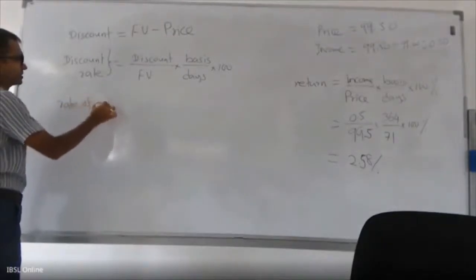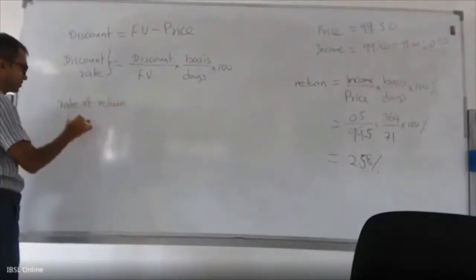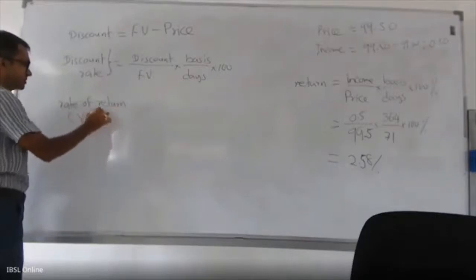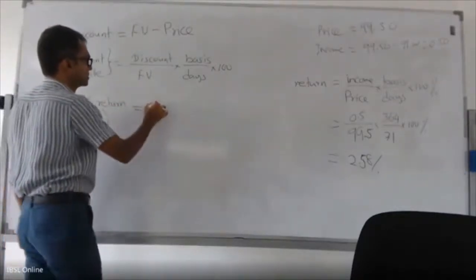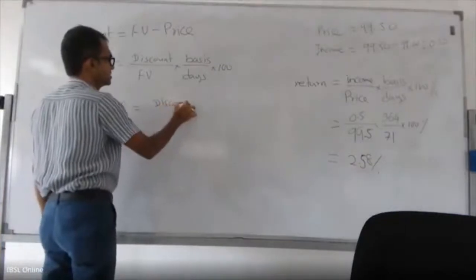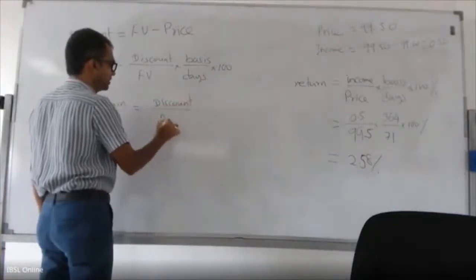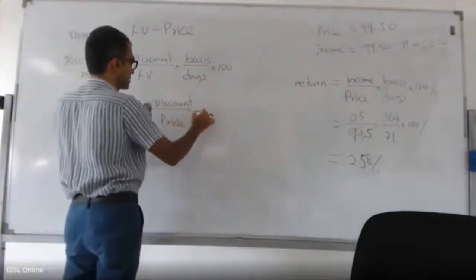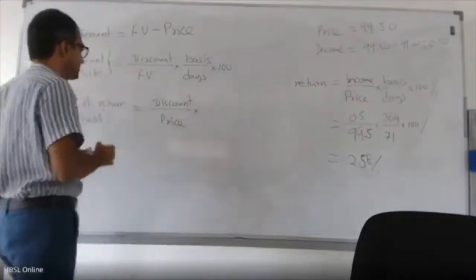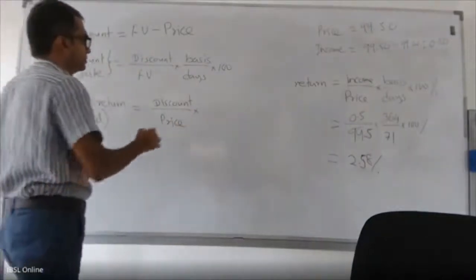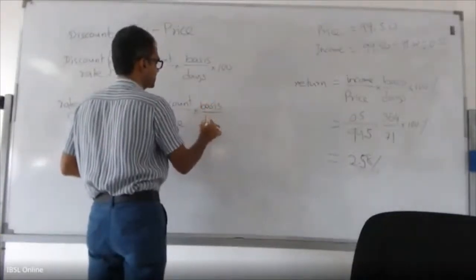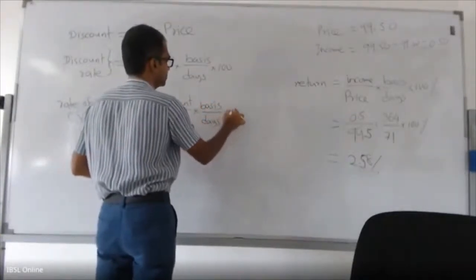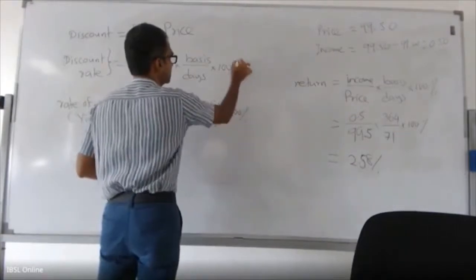Rate of return, we can call it the yield, is discount divided by price into basis divided by days into 100.